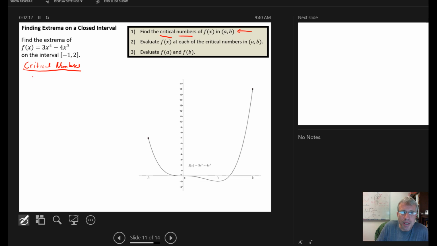To do that, we take our function and then we just take its derivative, because the derivative tells us the slopes of the tangent lines of the function. So we get 12x cubed minus 12x squared for the derivative. And then we want to ask, is this derivative undefined any place?